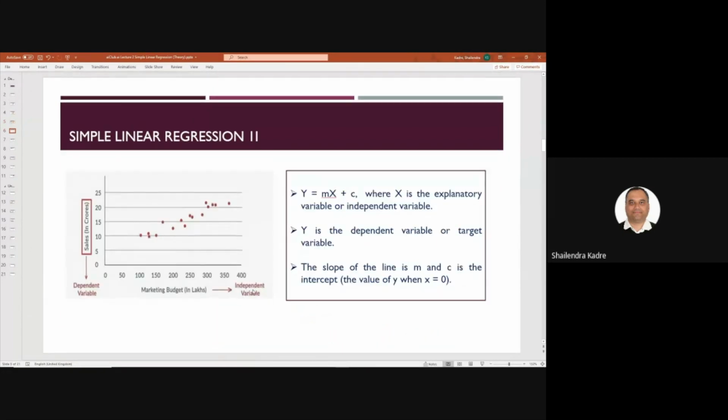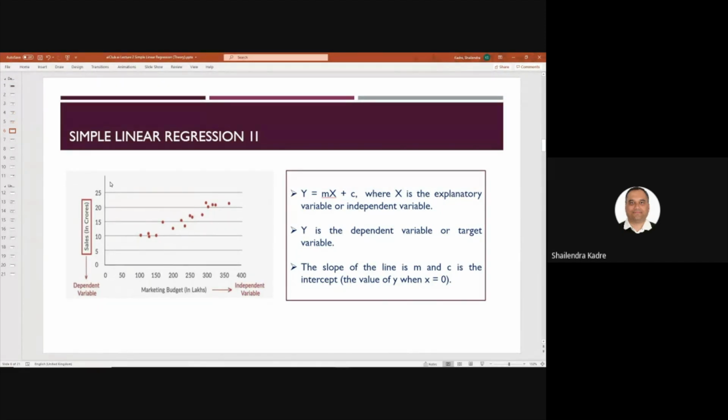Again, here we have a chart on the left-hand side. This time we are increasing the marketing budget on the x-axis, and we are plotting the corresponding sales on the y-axis. We are not telling how we are spending this marketing budget. We might be spending it on TV advertisement, radio advertisement, or print media advertisements, anywhere.